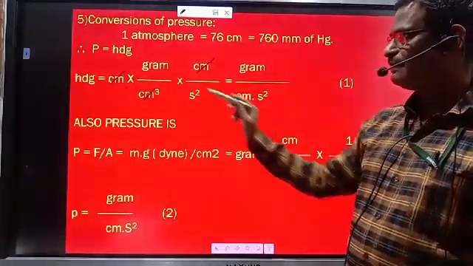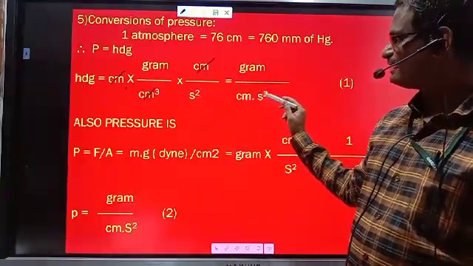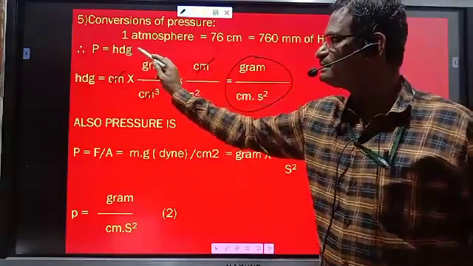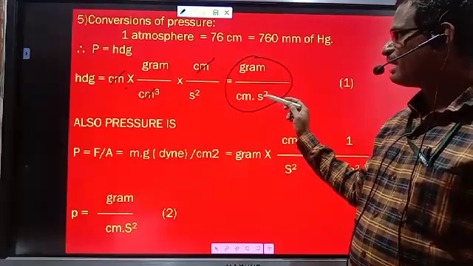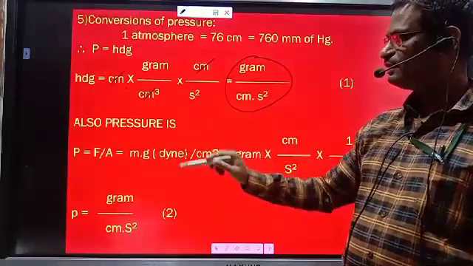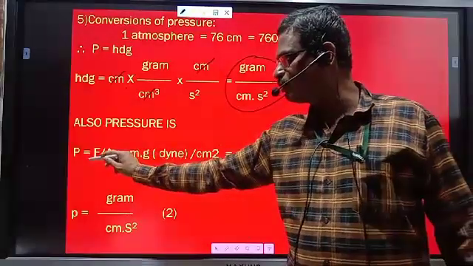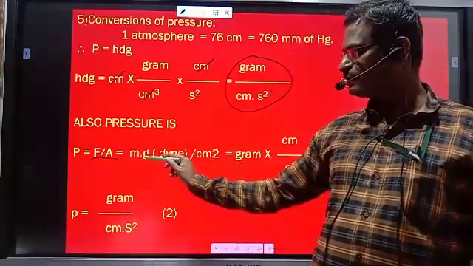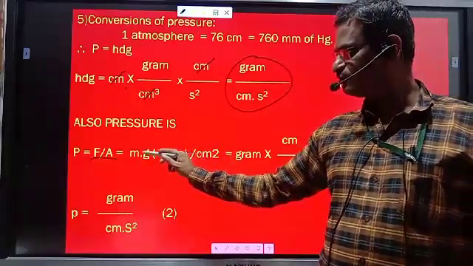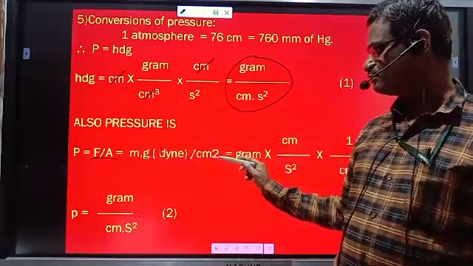From this equation, pressure is equal to gram divided by centimeter second square, because P is equal to HdG. Also, what is pressure? We studied in the previous slide: pressure is force per unit area, where force is mass into acceleration in dynes, divided by area in centimeter square.